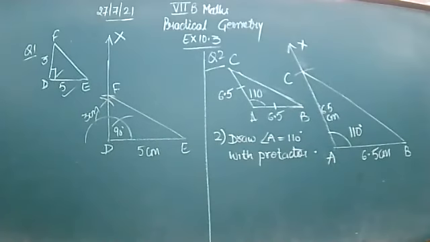Next point is join BC. Is it okay? Any doubt? Next step is, this is the required triangle ABC. Actually, the name of the triangle is isosceles. In the case of an isosceles triangle, two sides and two angles are always equal.